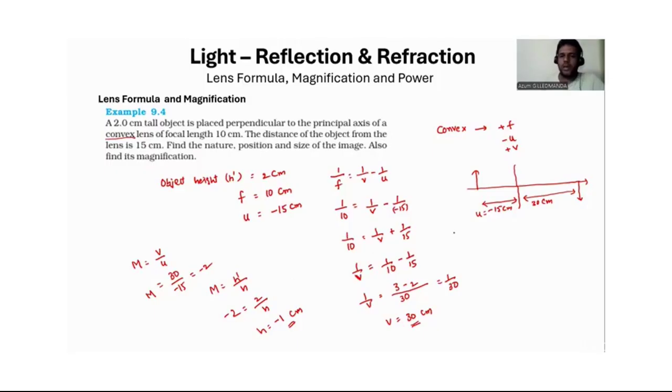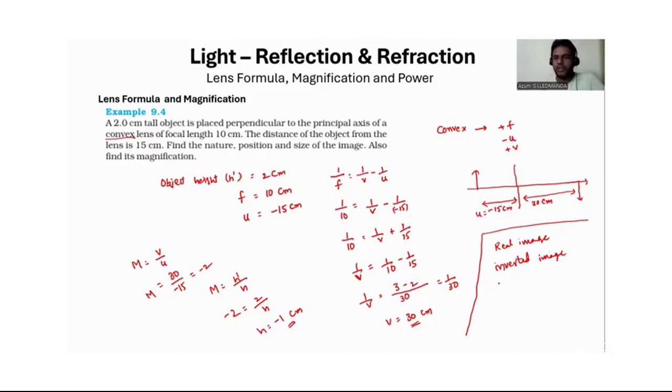Okay. So what we can conclude is this is a real image, and because of the minus value, we can say this is an inverted image. We know in a convex lens, we get a real and inverted image.